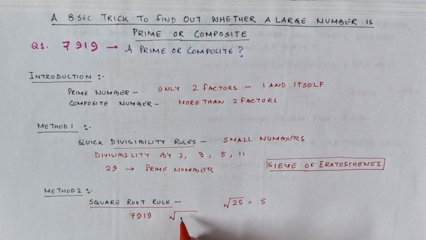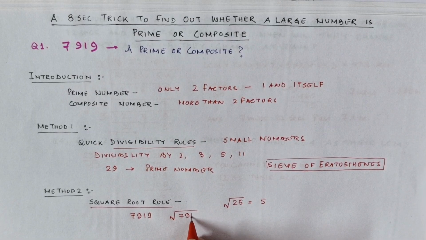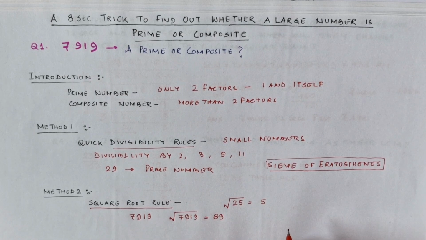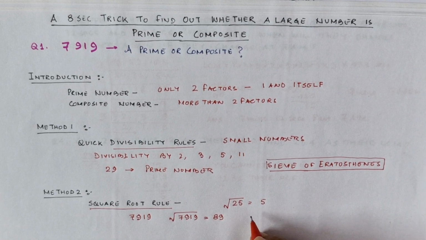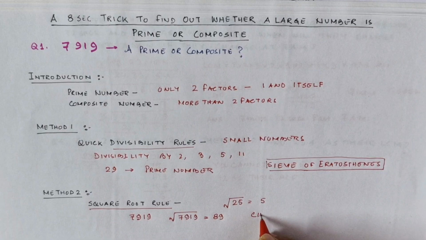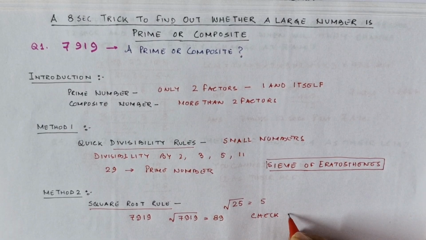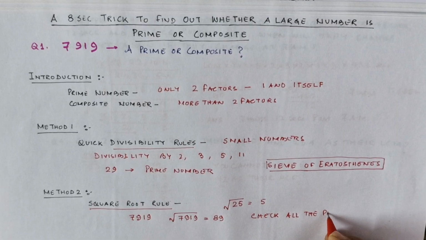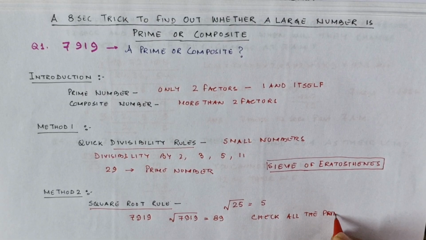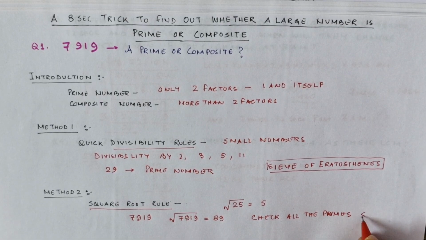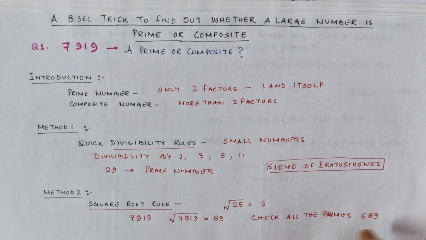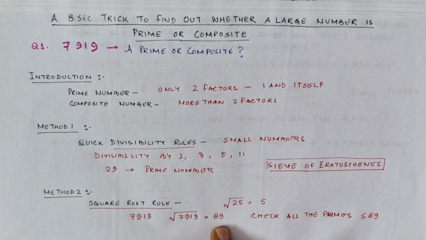If I find the square root of 7919, it comes to approximately 89. Now I can check all the primes less than 89 only, so it reduces the effort.